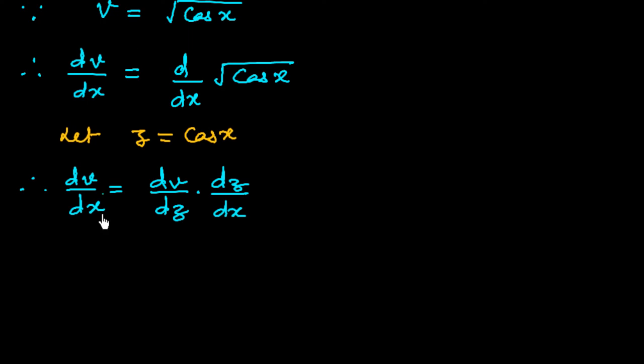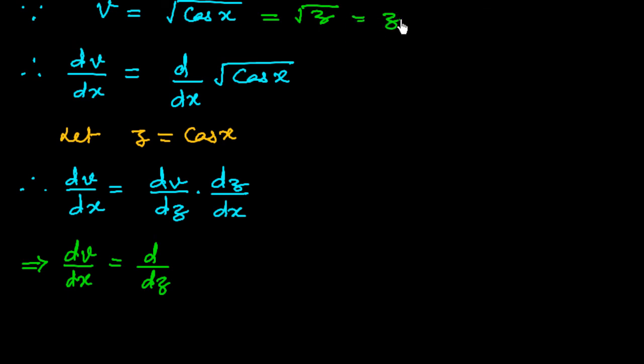Now we substitute these values here. Implies that dv over dx is equal to d over dz of v, which is square root of z, because cos x is equal to z. So we can also write it as z power 1 by 2, and d over dx of z, which is cos x. We differentiate with respect to x.